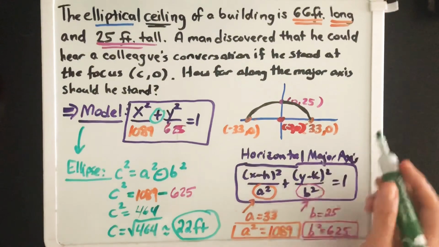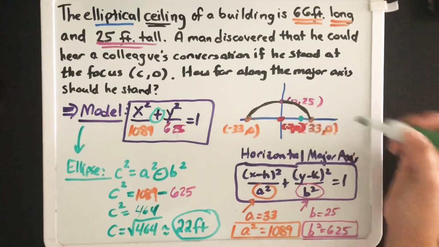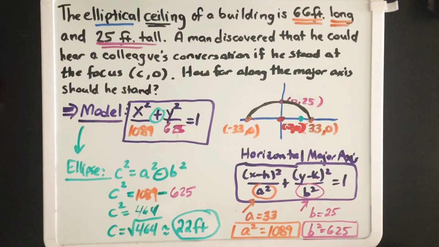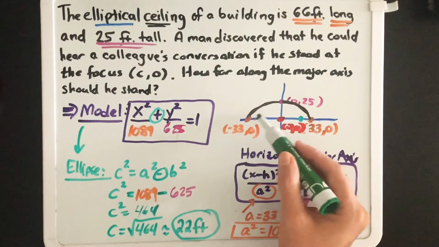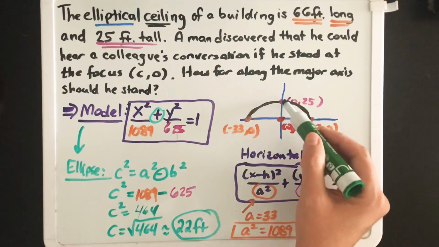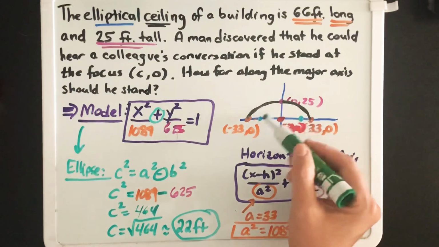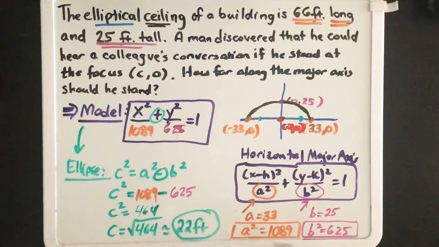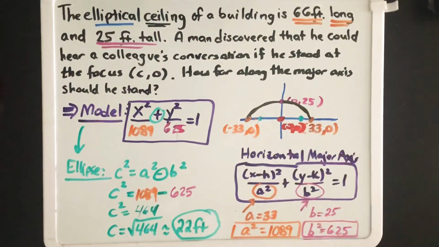We would need to go 22 feet to the right, so that'd be right here, and that's where we would stand in order to hear the conversation of someone over here, because it's bouncing off of the ceiling and back down. So if they stand there and we stand here, we can overhear their conversation. So the answer here would be 22 feet from the center on the major axis. That's where we would need to stand, 22 feet away from the center.